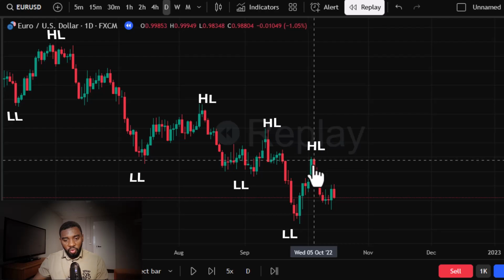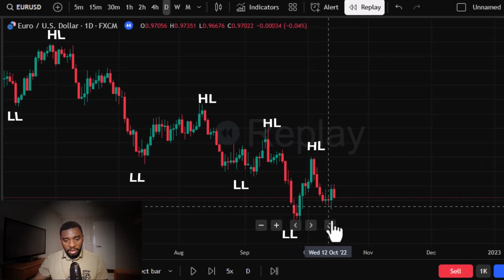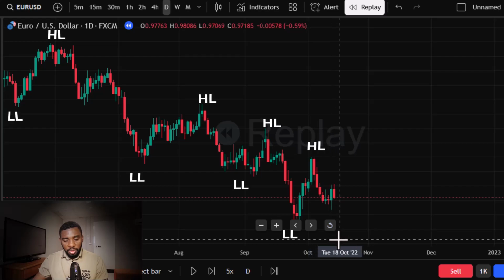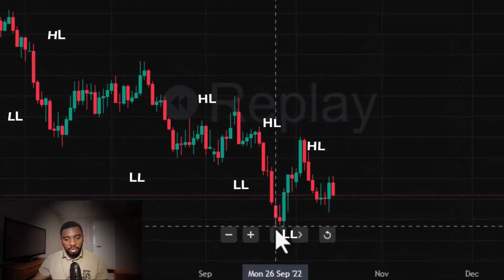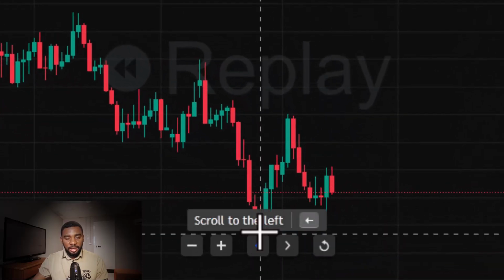But when you look at the swing from here, instead of coming down here to form a lower low that is lower than this, price formed a low that is higher than this.